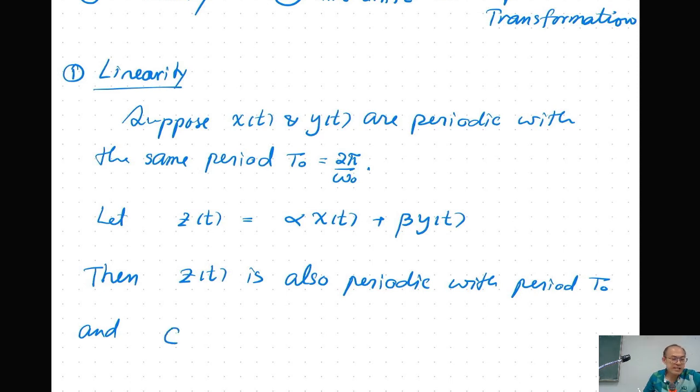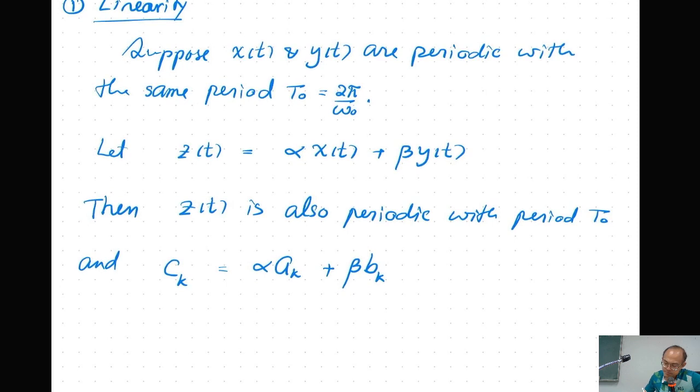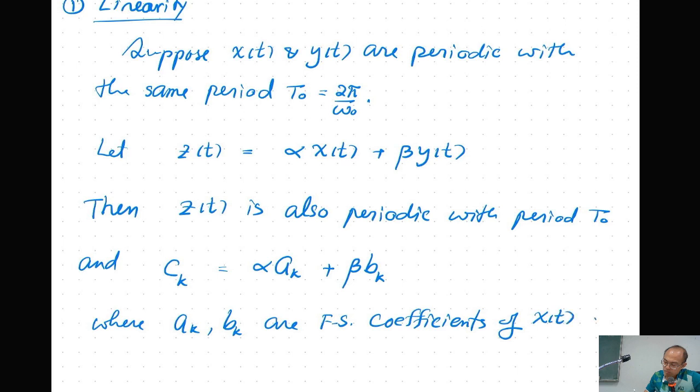And Ck of z would have to be alpha ak plus beta bk, where ak and bk are Fourier series coefficients of x and y respectively.